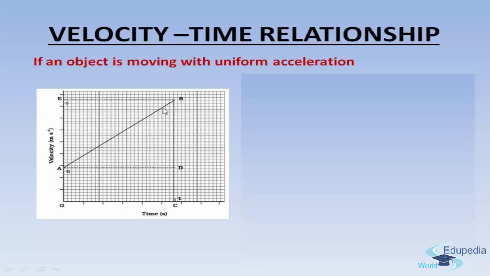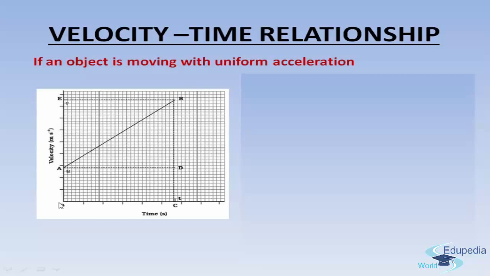Let's say now the velocity is increasing, as you see here. With time, the velocity is increasing. So the graph is going to be similar to what we saw in the distance-time relationship in the case of a uniform motion. So in this case, AB is the line that we are going to get. This is a linear graph, right?